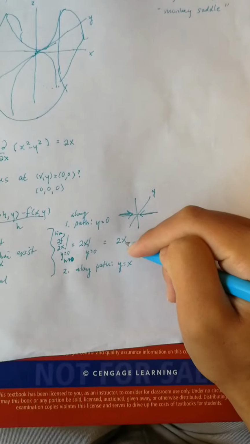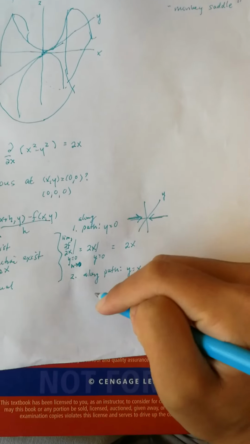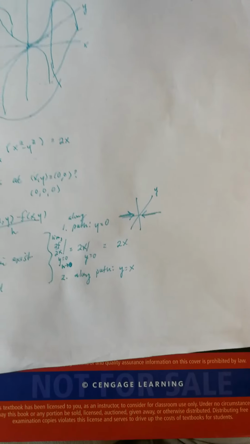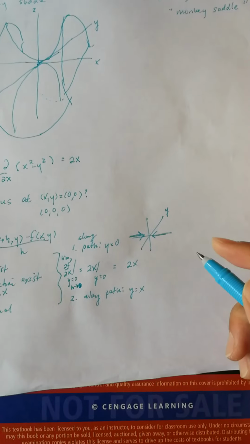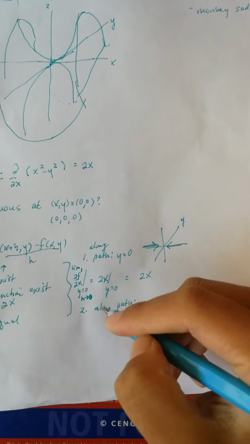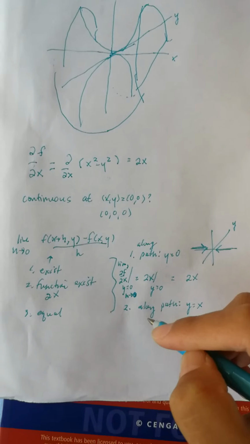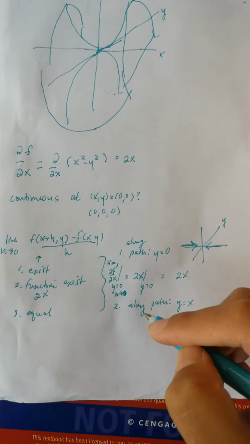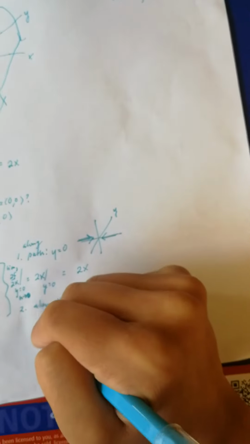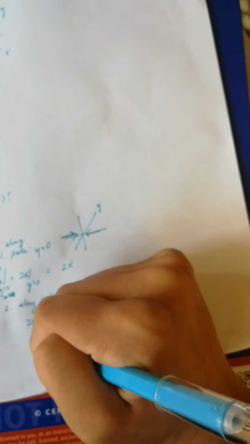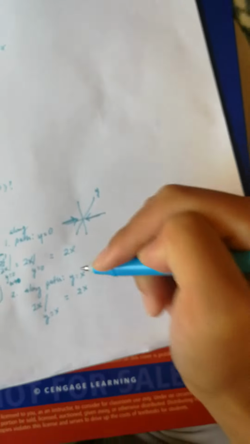So they both equal 2x. And then along the path y equals x, do we get the same 2x? Well, now we take the same thing, 2x, and plug in y equals x. And yeah, it's still 2x.